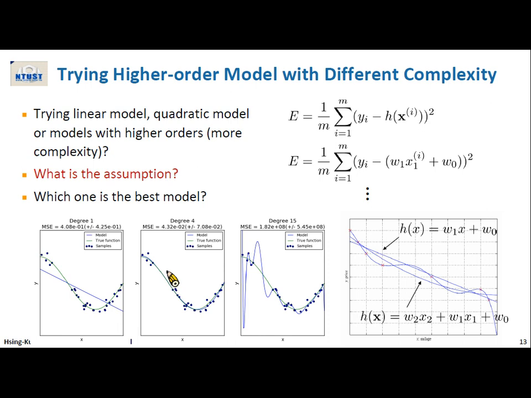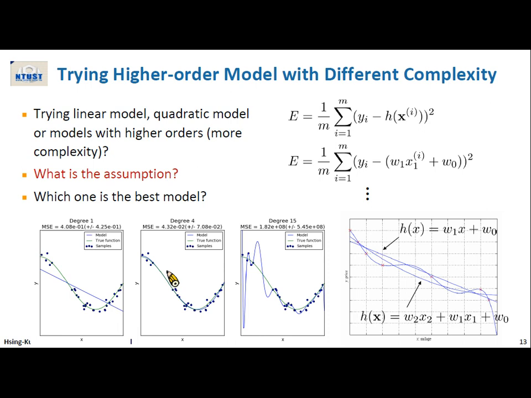So in the situation I just mentioned, if the data that we assume is noise free, trying to find a good model is so easy, because we never worry about overfitting.